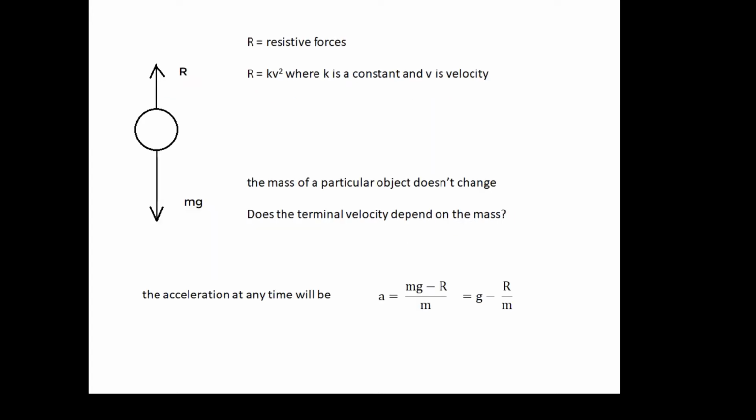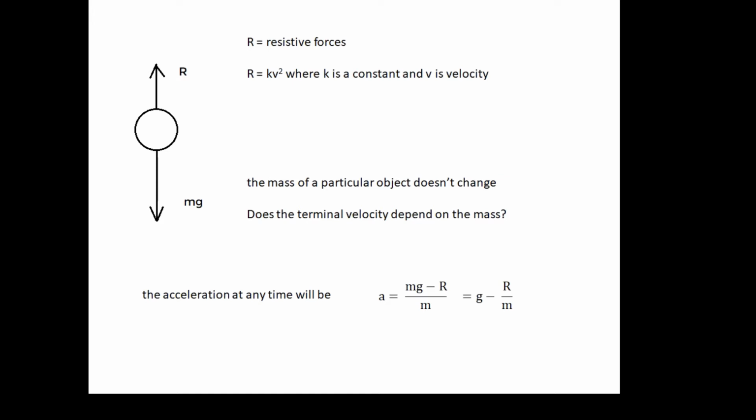Okay. Now, considering the forces acting on the ball, there's the weight of the ball, which doesn't change. The weight of the ball is just mg. But then we have these resistive forces, and the resistive forces are proportional to the velocity squared, where k is a constant, which is to do with something called the drag coefficient.